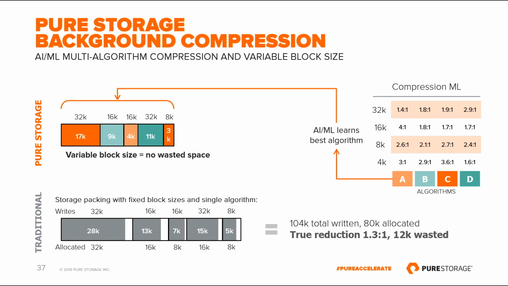So this is a really big differentiator when you compare to other vendors who may only standardize on one algorithm, right? We actually have four to choose from, and we can choose the one that yields the best results depending on the host and depending on the data set.